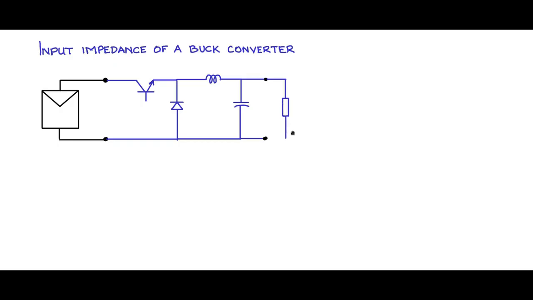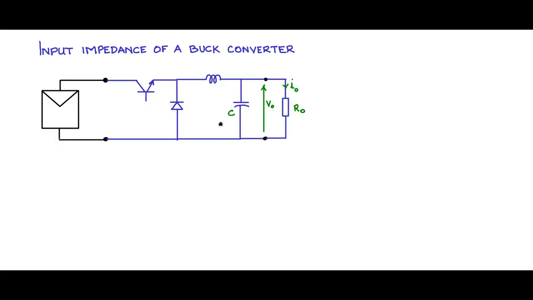So we have the load, and that is R0. The voltage across R0 is V0, and the current flowing through R0 will be I0. So let us have the symbols as indicated.